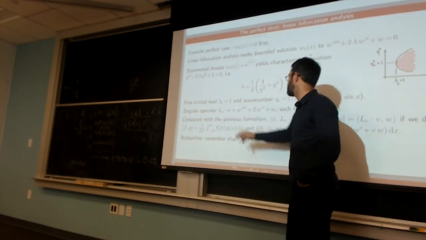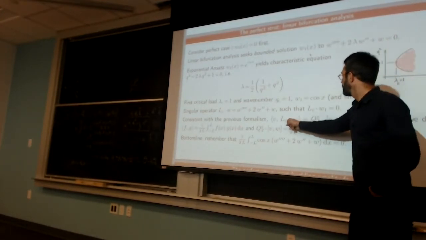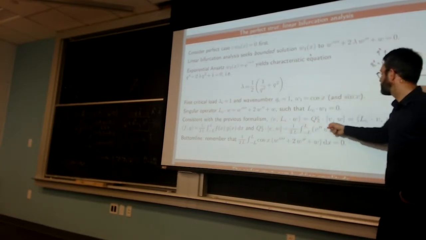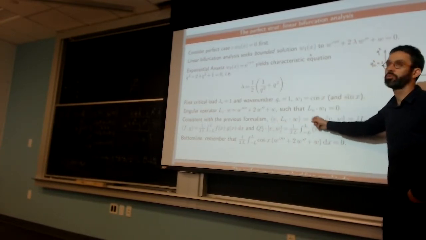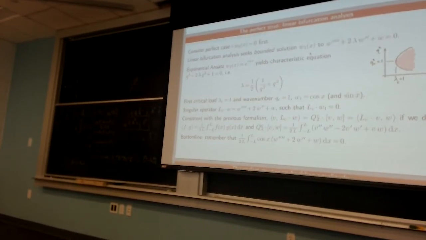That's doing the integration by parts and transferring the derivatives. So the crucial thing here is that you can view this as a quadratic form, and actually it's the form Q2 that we've been dealing with before. So all this is the same.